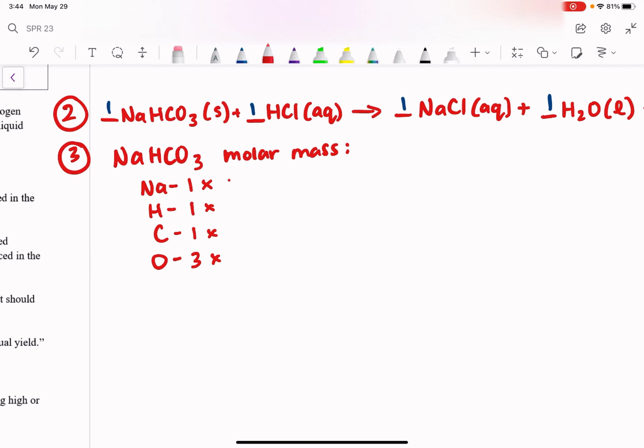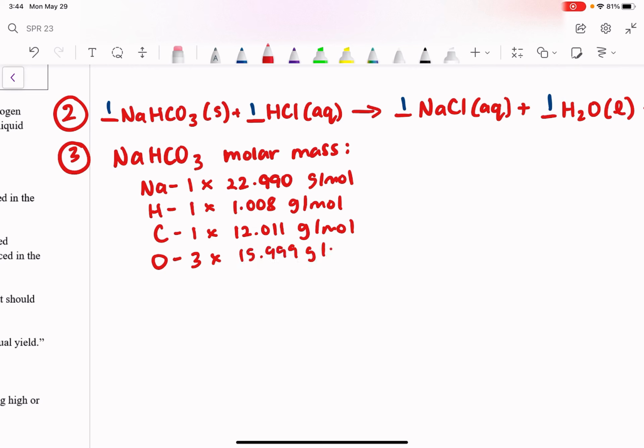So sodium is 22.990 grams per mole. Hydrogen is 1.008 grams per mole. Carbon is 12.011 grams per mole. And oxygen is 15.999 grams per mole.